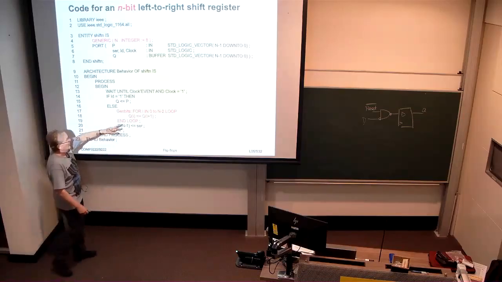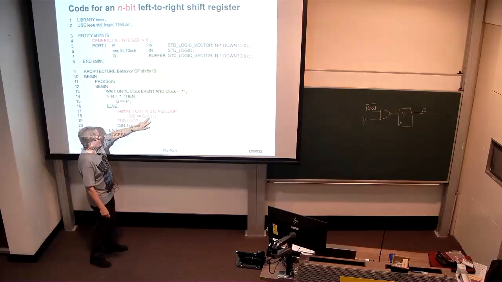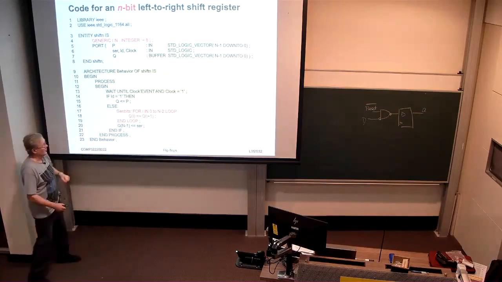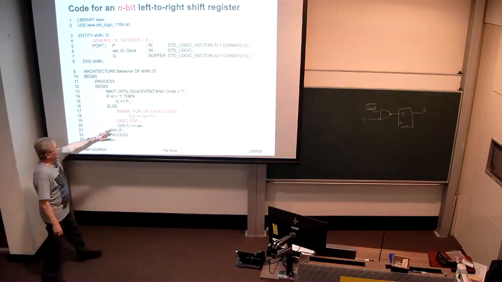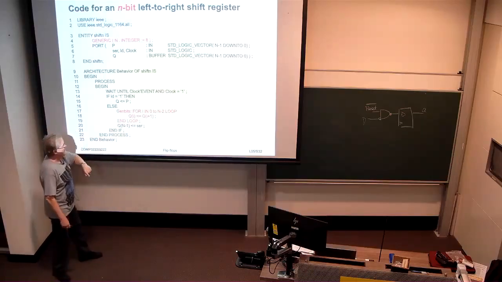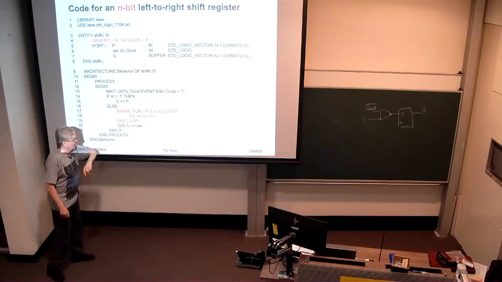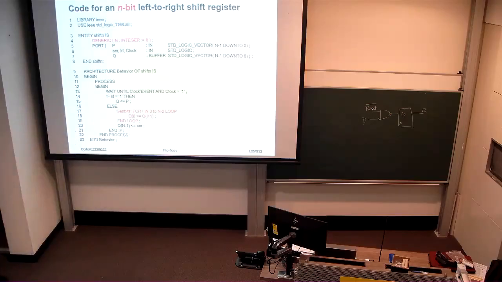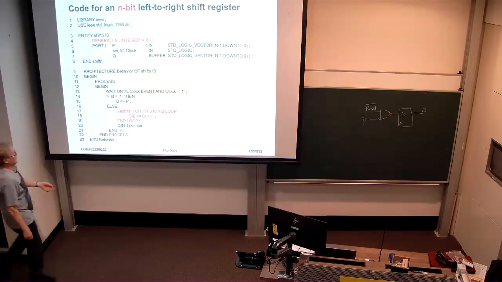Expand this to read Q0 is assigned Q1, Q1 is assigned Q2, and so on, up until Qn minus 2 is assigned Qn minus 1, and to Qn minus 1 assign the serial input bit. This is for an n-bit shift register, whereas the previous one was a 4-bit shift register. So this is useful doing a loop when you don't know how many times that has to be expanded, obviously.